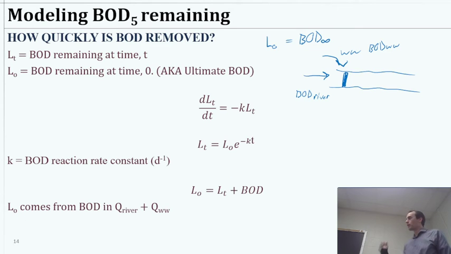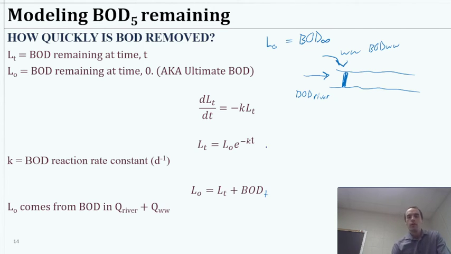One other thing about L naught, we have another equation here, and that is that the BOD ultimate at any time is going to be the BOD that we measured after that amount of time plus the amount that's still remaining after that measurement. So if we take L naught and say the ultimate amount in this river is 100 milligrams per liter of BOD, and we measure after 5 days and the 5-day measurement gave us 70, then the amount remaining is 30.